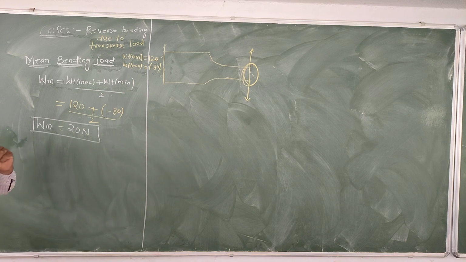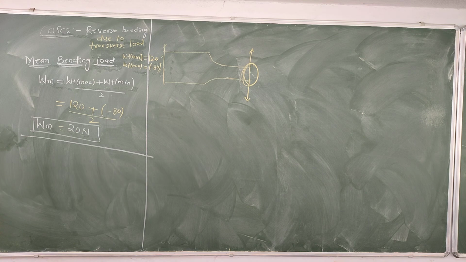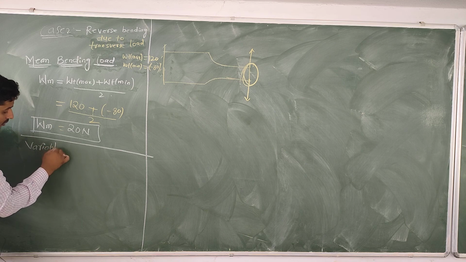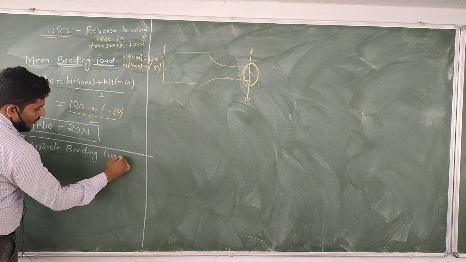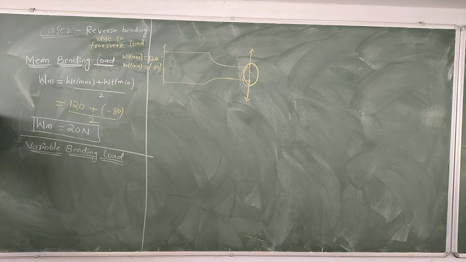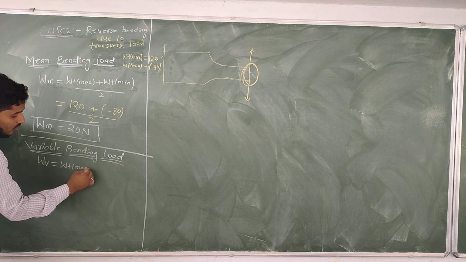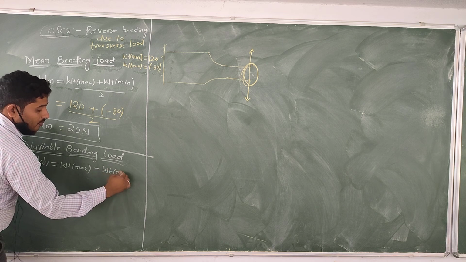So that is the value of mean bending load, Wm. Okay dear. Again, what we need to find out? We need to find out the variable bending load. If you want to find out the variable bending load, which formula we have to use here? Wv, variable bending load, equal to Wt maximum load minus Wt minimum by 2.